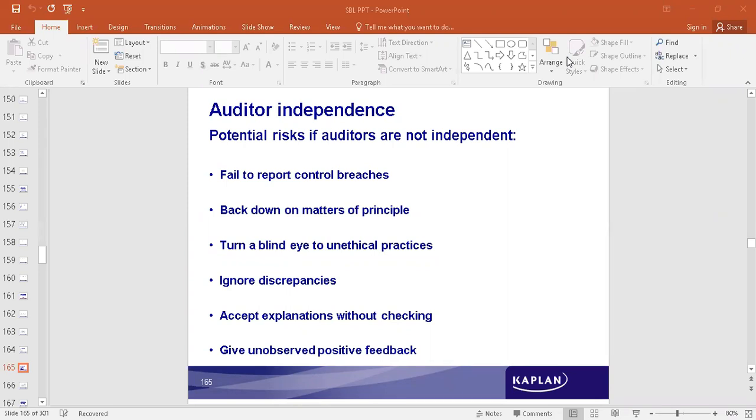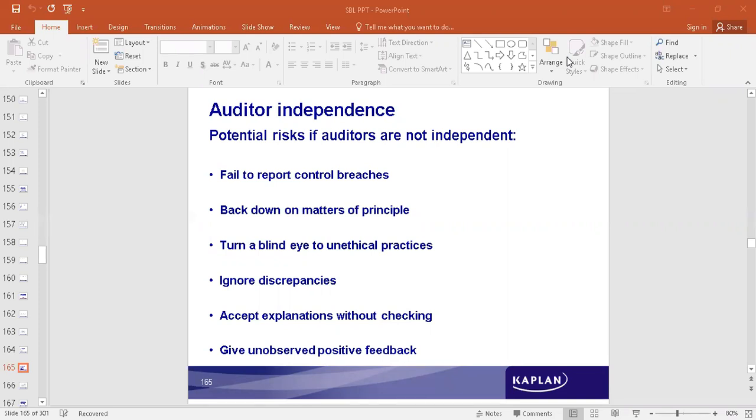Then integrity, doing what is right. So there are principles to govern their ethical values. If they back down on matters of principle, I think frauds cannot be prevented.